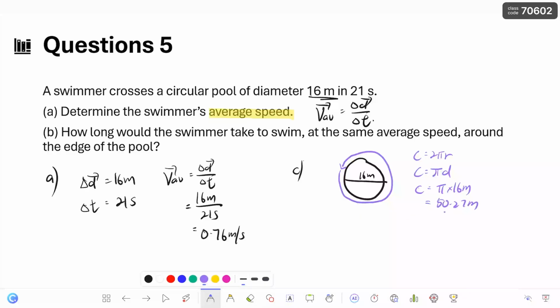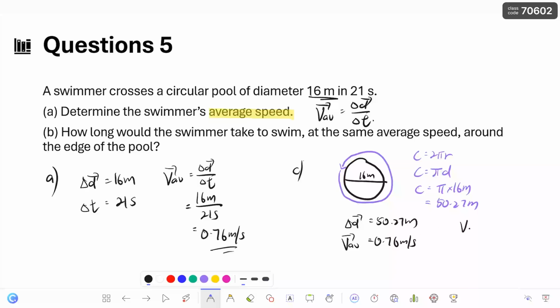So these are the total distance traveled. Therefore, we have the information. The distance traveled is equal to 50.27 meter, and then the time taken are same. The question says that how long it will take. So that the average speed are same. So means that the VAV will be same, 0.76 meter per second.